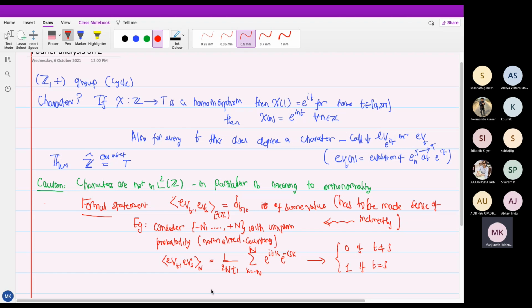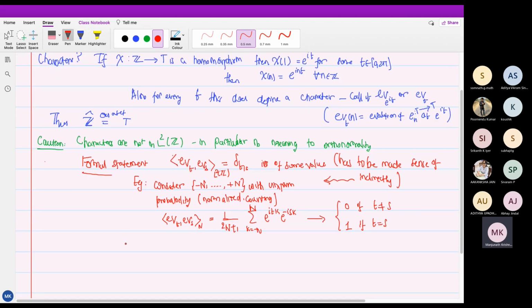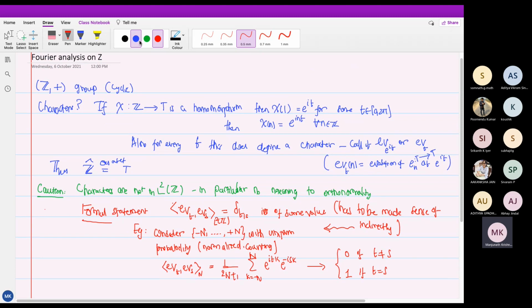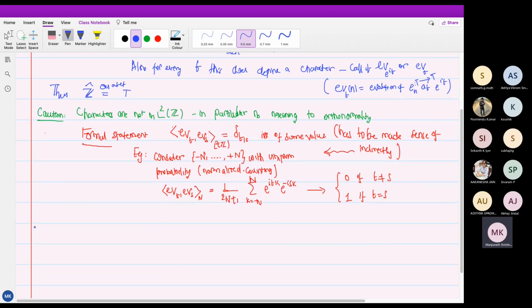Okay, so now let me go back and define Fourier transform on integers. If f is a function from integers to complex numbers, define f hat. I have to say what kind of functions, but for a moment, let's see, f hat from the dual.